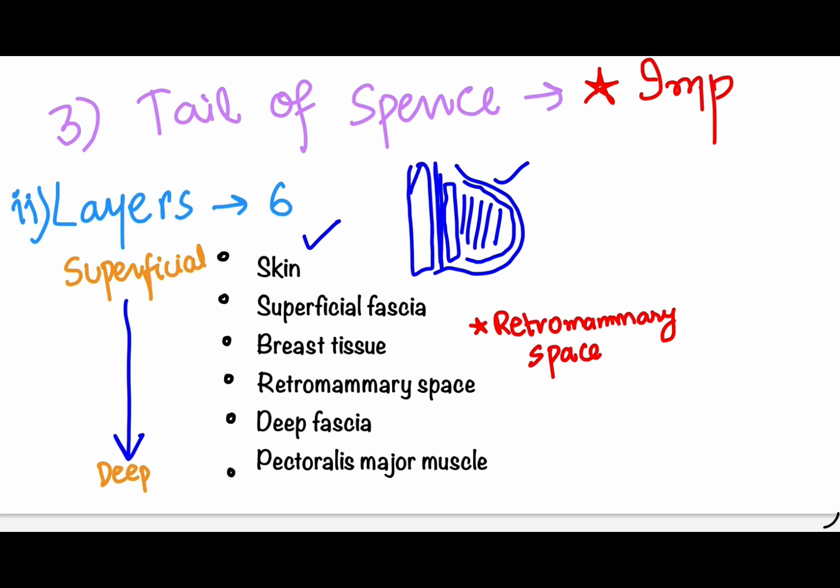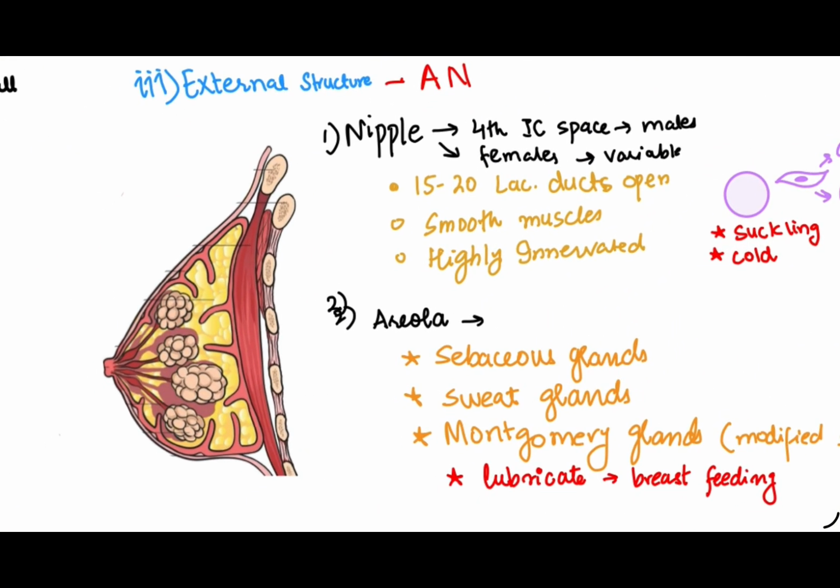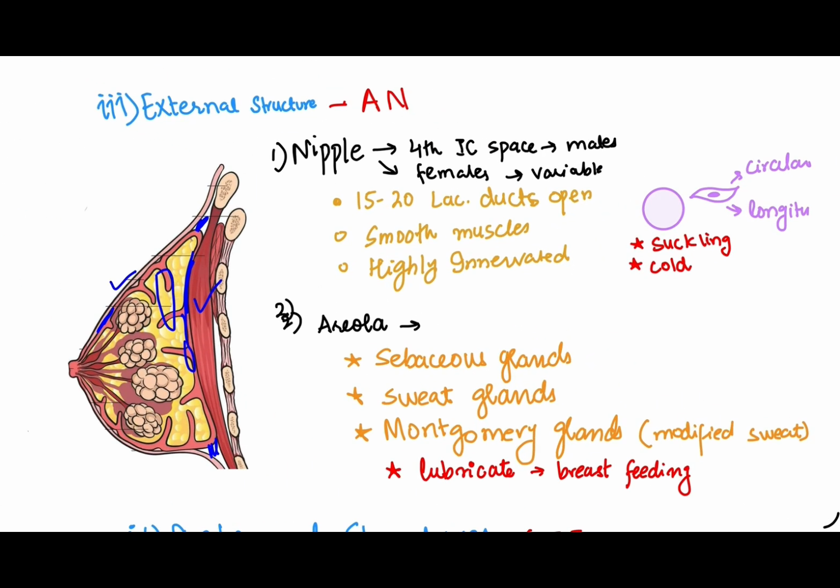Pectoralis major muscle. So the breast contains these layers: skin, fascia, then the breast tissue, then deep fascia, then there is some space here which they didn't show, you can say the retromammary space, and this is pec major.